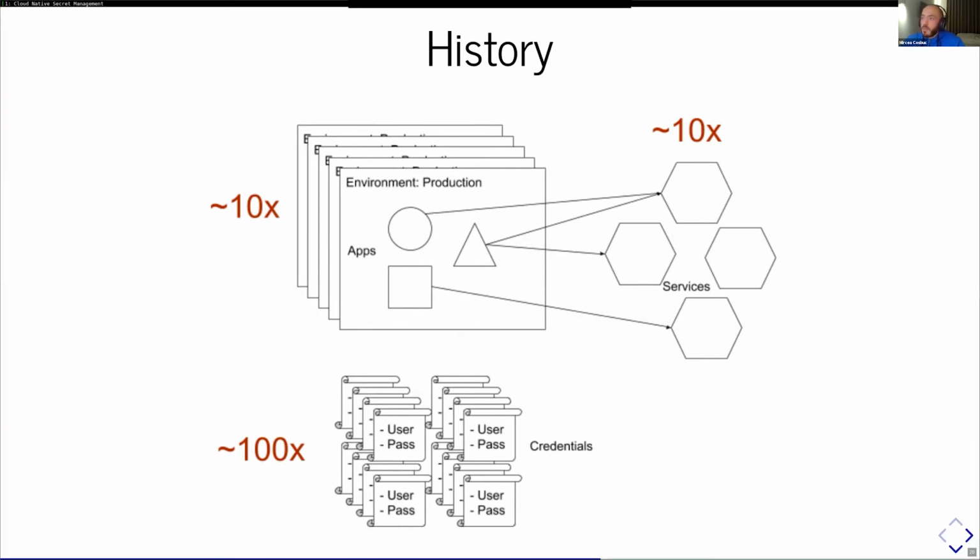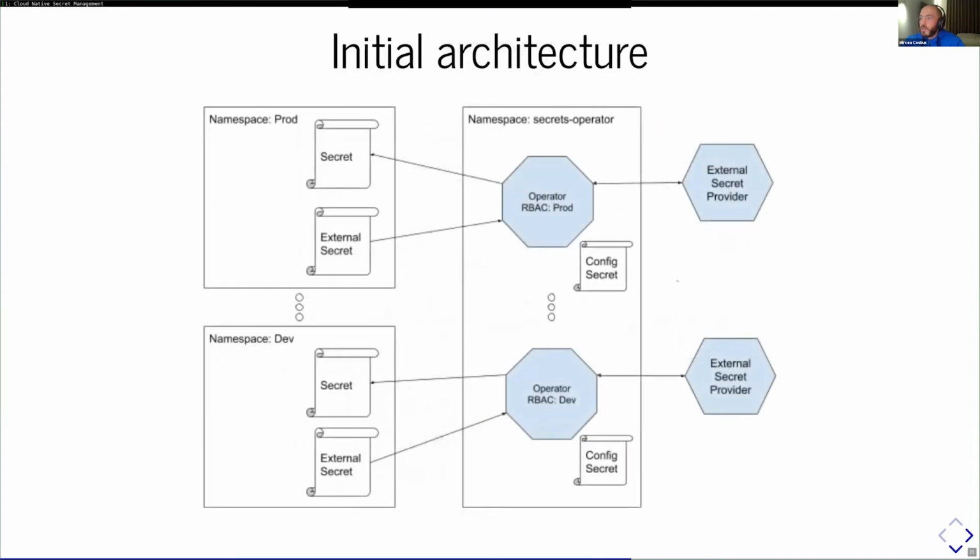The way the external secrets operator solved this initially was by this architecture. The important choice made was to have one operator per external secret provider. This might mean a different operator for AWS and a different one for Vault, but it can also mean a different operator per environment if your secret stores are segregated per environment.